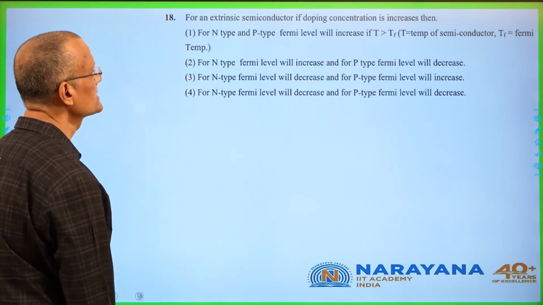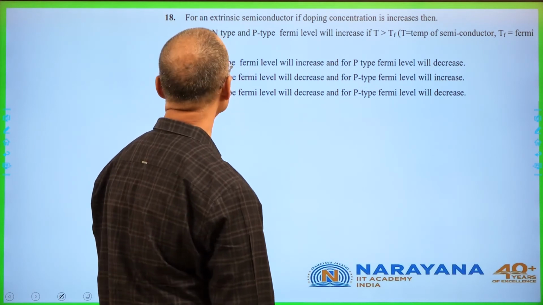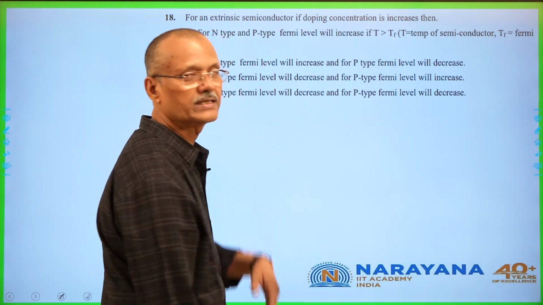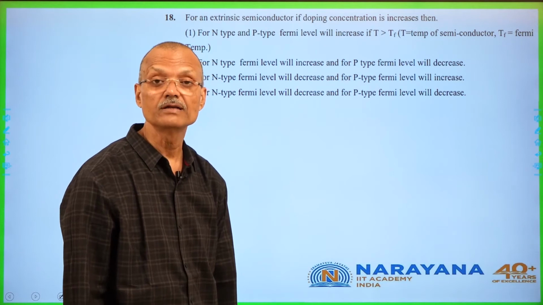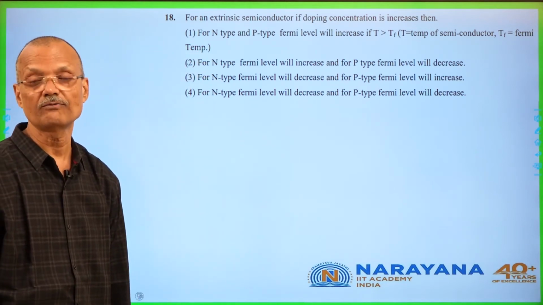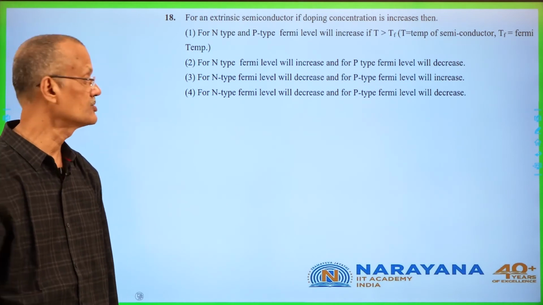For an extrinsic semiconductor, if doping concentration is increased, then what happens to Fermi level? Everywhere they have asked you Fermi level. You know that Fermi level will be telling you probability of occupation of a particular value of energy by any electron.